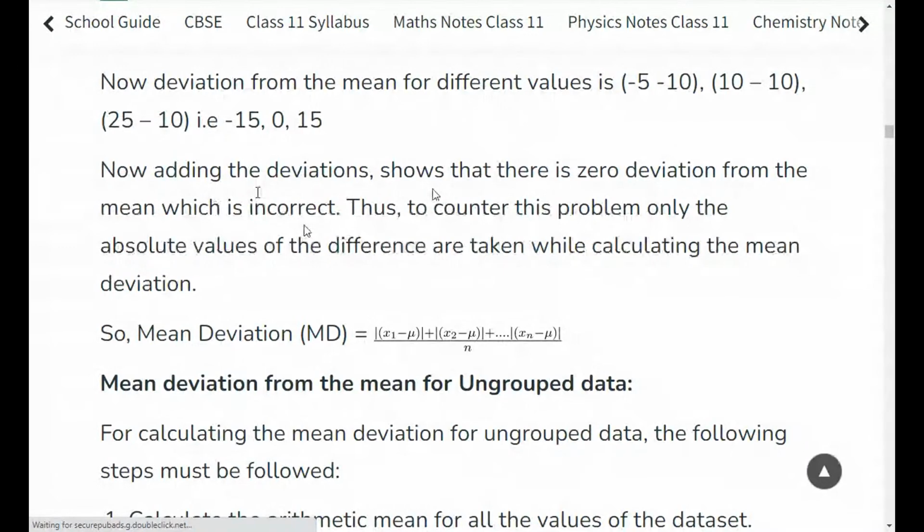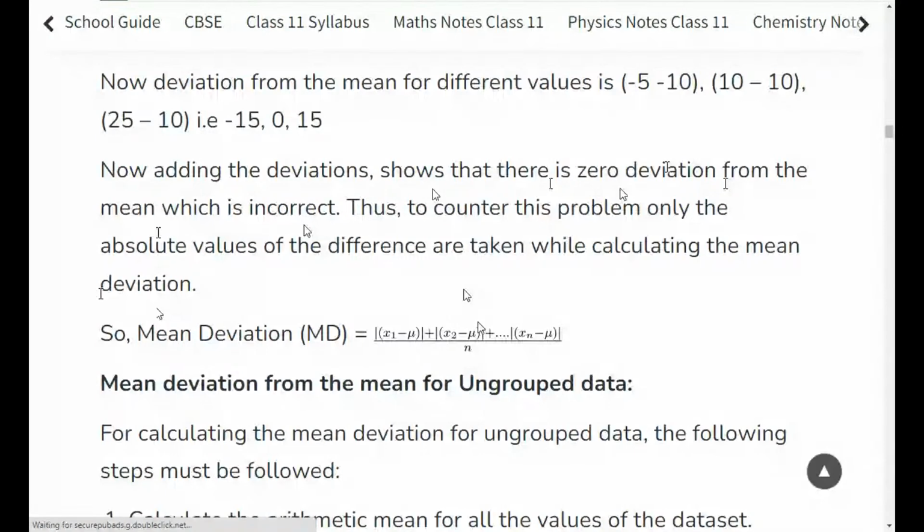Now, adding the deviations shows that there is zero deviation. There is zero deviation from the mean. Is it right? It says there is zero deviation from the mean, which is incorrect. Thus, to counter this problem, only absolute values of the difference are taken. Absolute values.